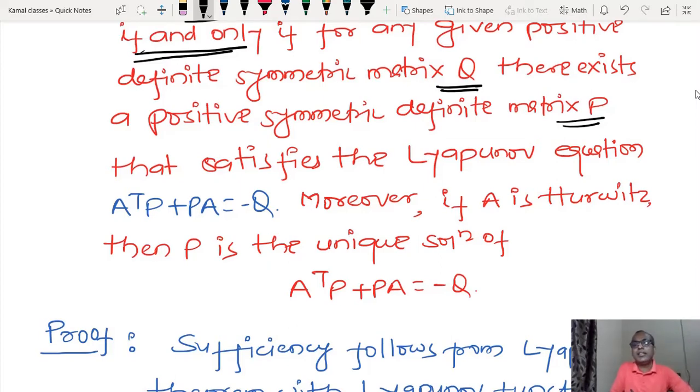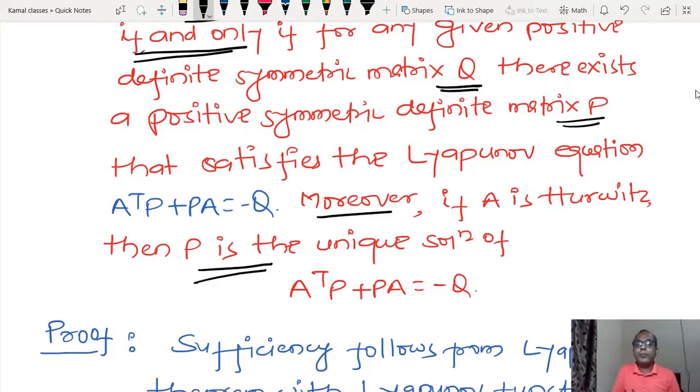If I have a given linear system and I have to show that the system is stable, then I will select two positive symmetric definite matrices and then check whether A is Hurwitz or not. If it is, then I can say that the system is stable. Moreover, if A is Hurwitz, then P is unique.